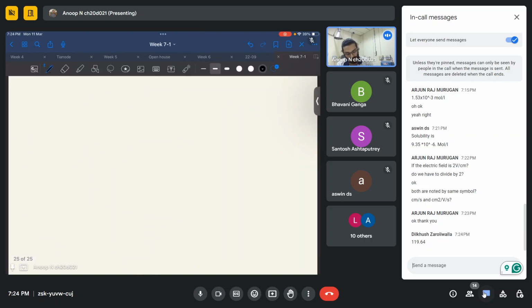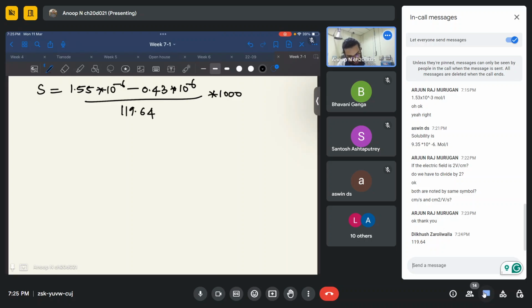From that, we can find what the solubility is. S is equal to 1.55 into 10 raised to minus 6 minus 0.43 into 10 raised to minus 6 divided by 119.64 into 1000, which is nothing but what is the answer?